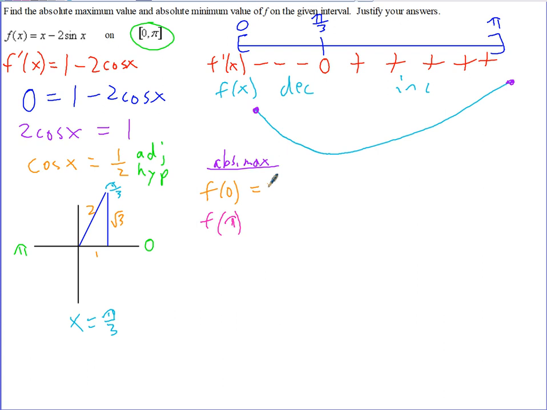So f of 0, you would have 0 minus 2 times the sine of 0. Sine of 0 is 0, so that would just be 0. F of pi, pi minus 2 times the sine of pi. Sine of pi is 0, so that works out, but we're still left with pi, so pi would be our larger value.